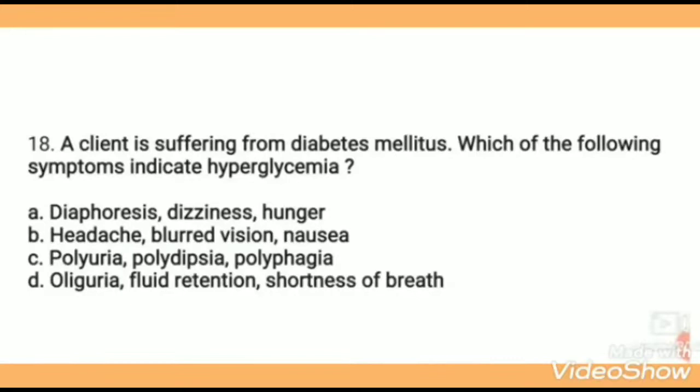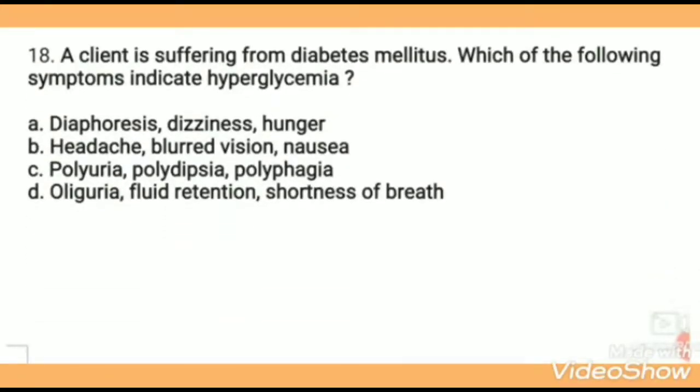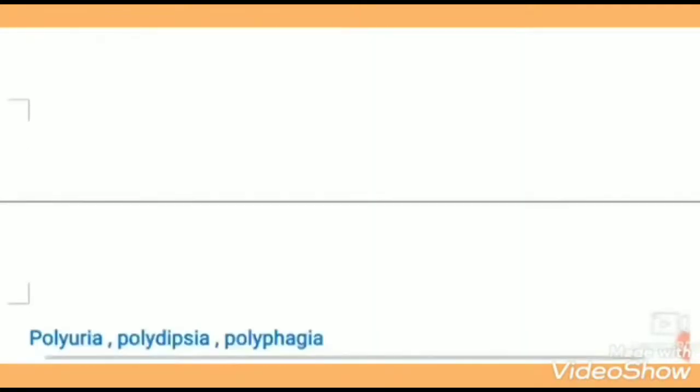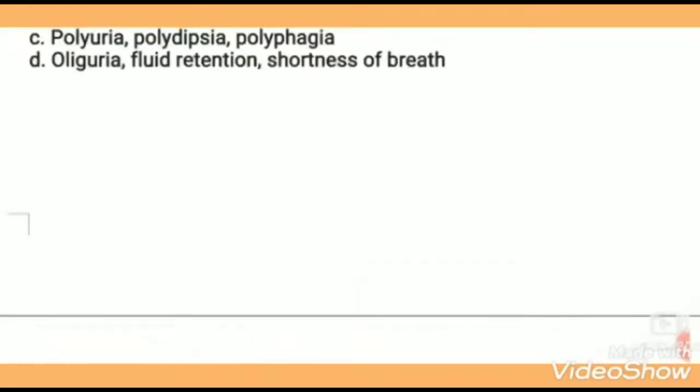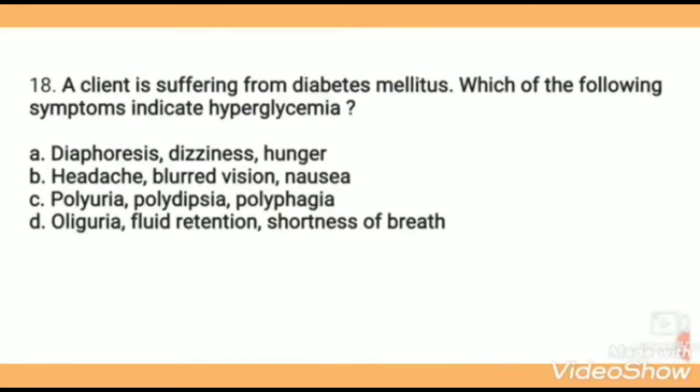So, the correct answer, symptoms which indicate hyperglycemia are polyuria, polydipsia or polyphagia. Polyuria means excessive urine, polydipsia means excessive thirst and polyphagia means excessive hunger. These are the cardinal signs of diabetes mellitus.